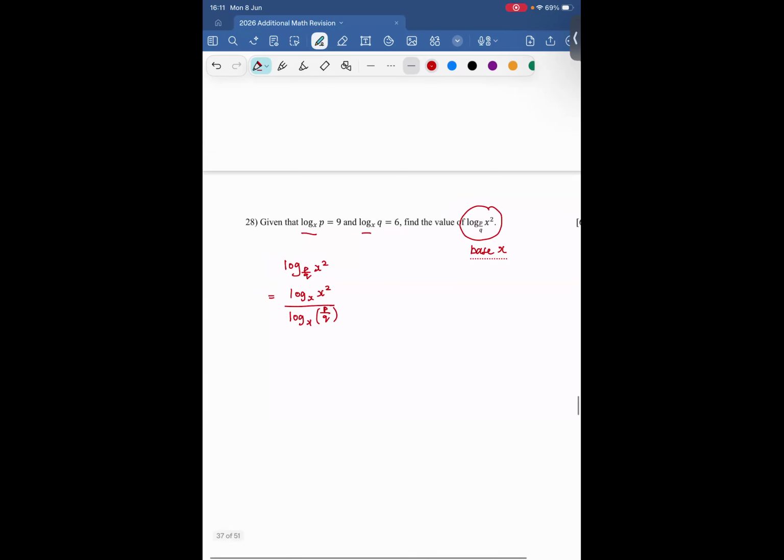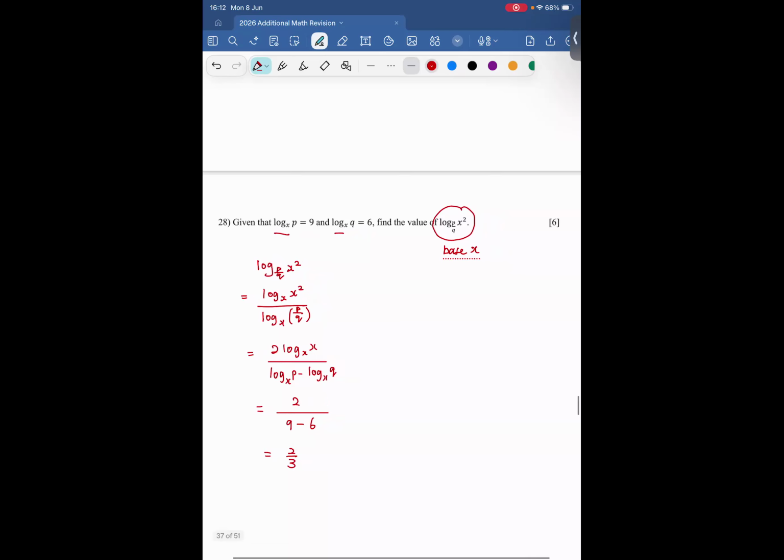Okay, so this one you can bring the power down, and this is just your what? Log xp minus log xq. So the numerator is just 2. The denominator is just 9 minus 6. So the answer is just 2 over 3. Wow, if the question like that is 6 marks, is quite worth it.